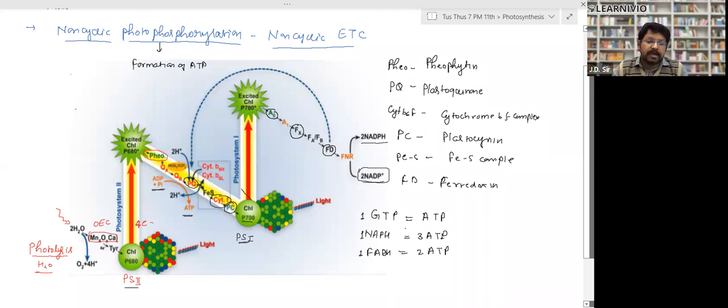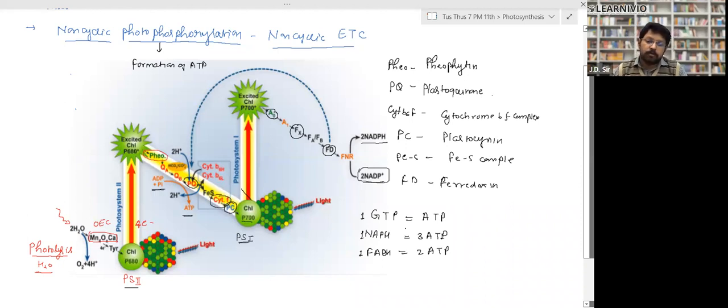From P700, electron reaches A0, a special chlorophyll complex, then FX, then ferredoxin, FD, and then finally electron is received by NADP plus and it converts into NADPH. So NADP plus is the final electron receiver, which finally receives the electron, and that's how the non-cyclic photophosphorylation, or non-cyclic electron transport chain, takes place.